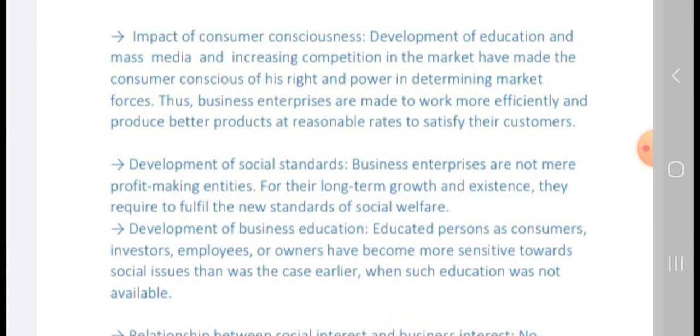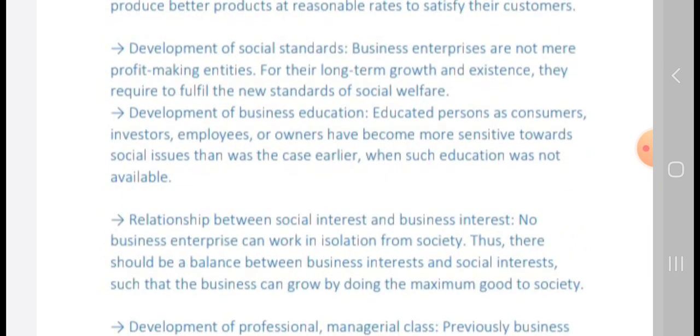And the impact of consumer consciousness. Development of education and mass media and increasing competition in the market have made the consumers conscious of their rights and powers.